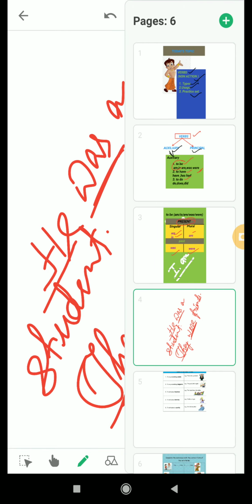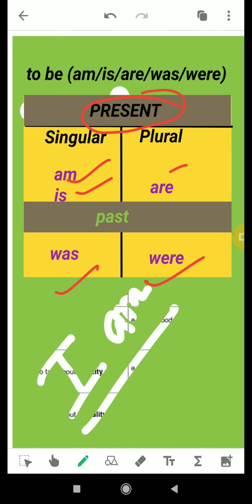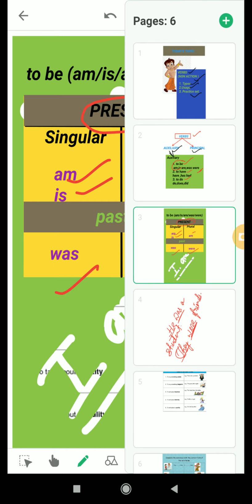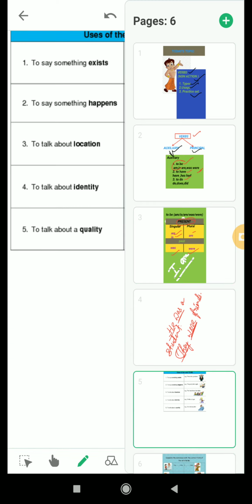Now we have understood how to use am, is, are, was and were, but what functions do these verbs play? We have understood the agreement, but when to use these, what is the condition when we will use such to be verbs?